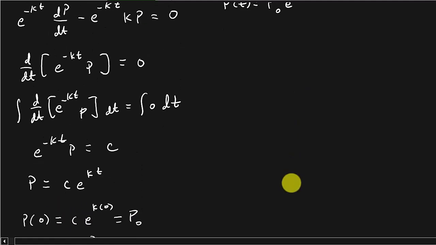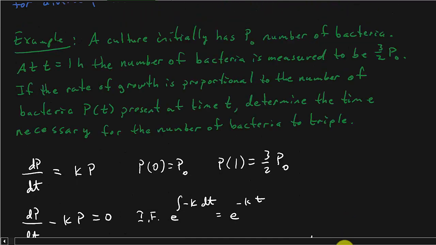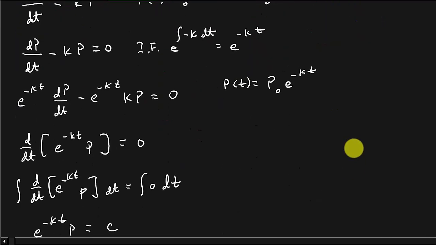Now, the thing that we've got to find here is to determine the time necessary for the number of bacteria to triple. So the thing that we've got to find here is this K. We've got to figure out what K is.